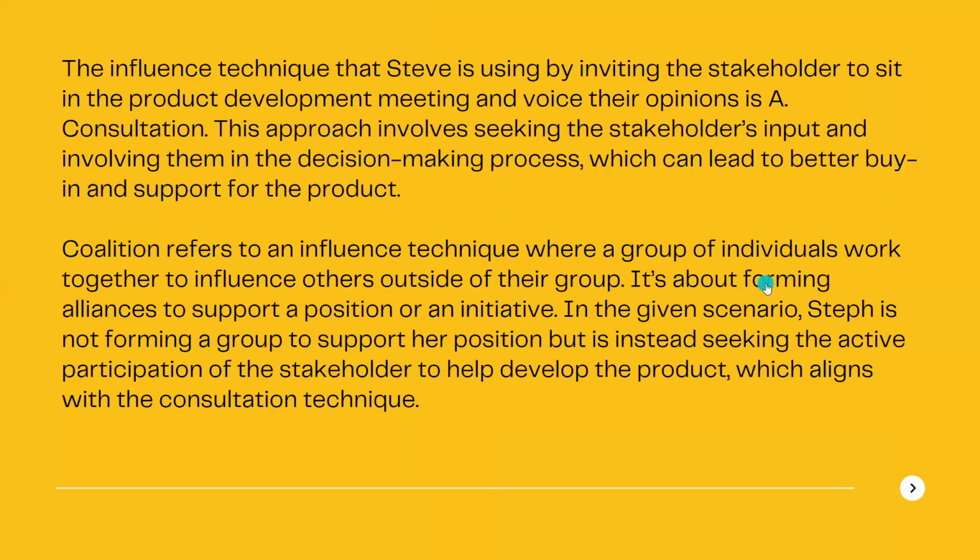Here is a more detailed explanation. The consultation approach involves seeking the stakeholders' input and involving them in the decision-making process. Coalition refers to where we have a group of individuals put together to influence others outside of the group.